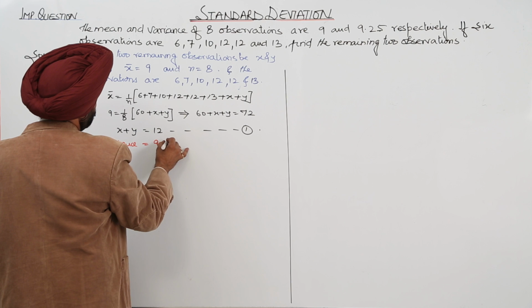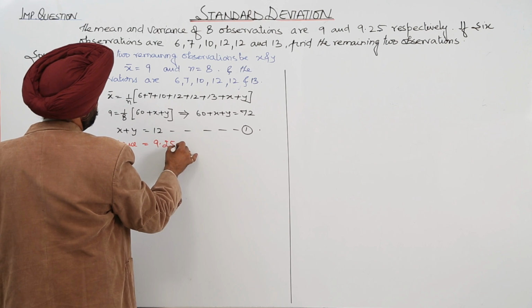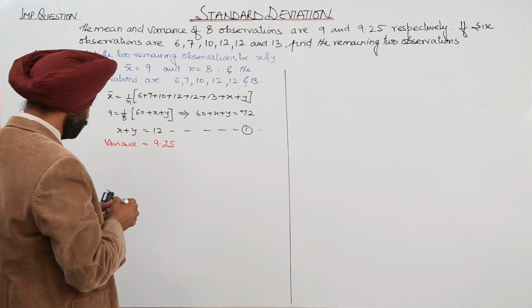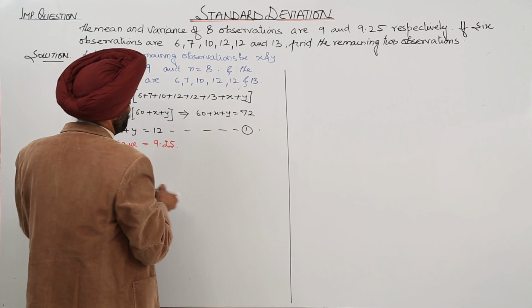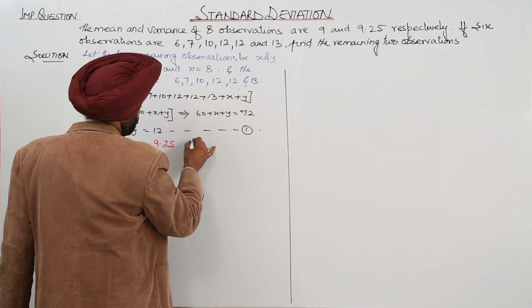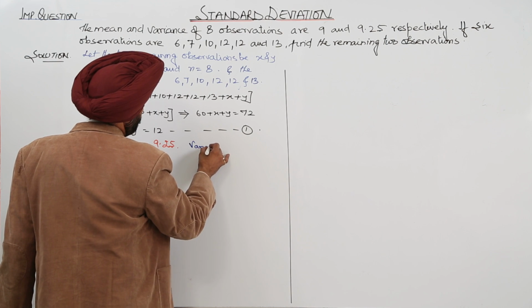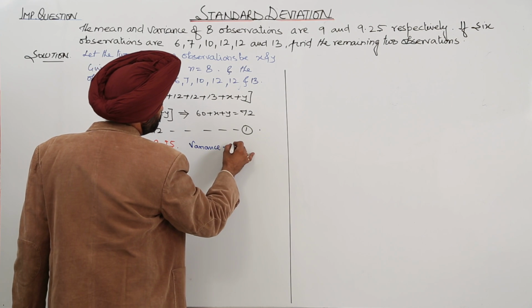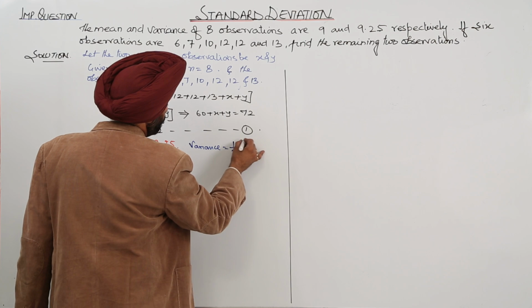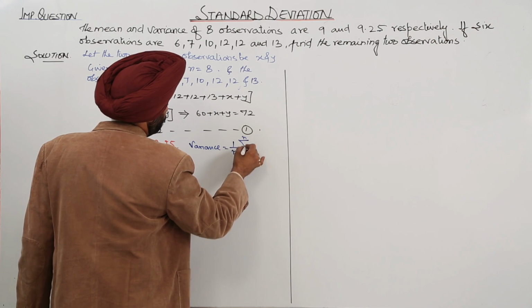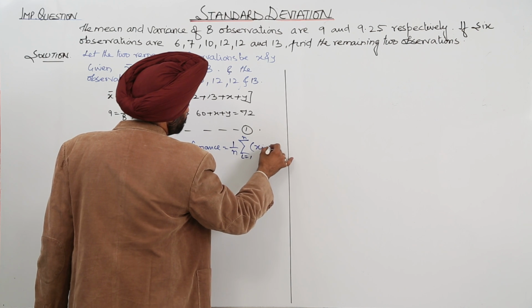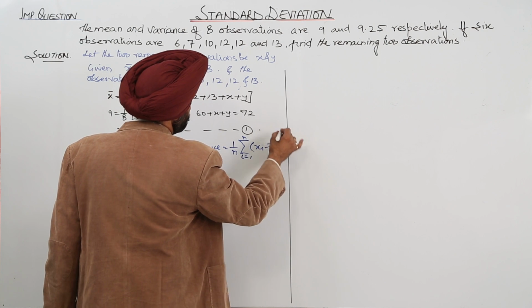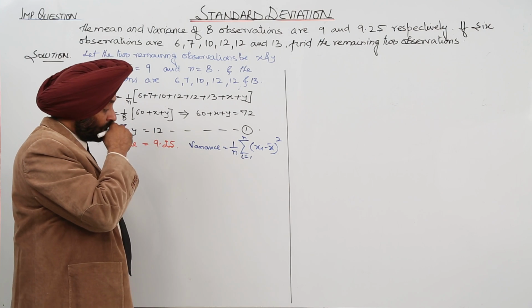Now given variance is 9.25. This is given. Now variance is equal to 1 upon n summation of xi minus x mean whole square.